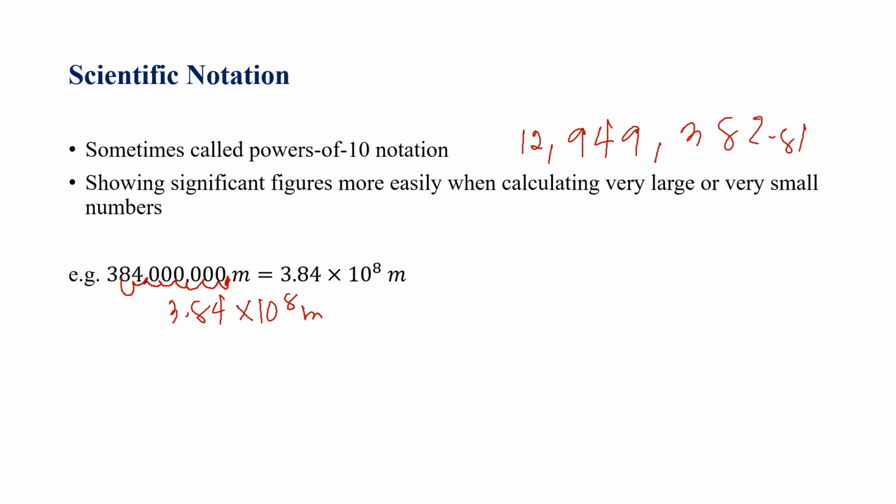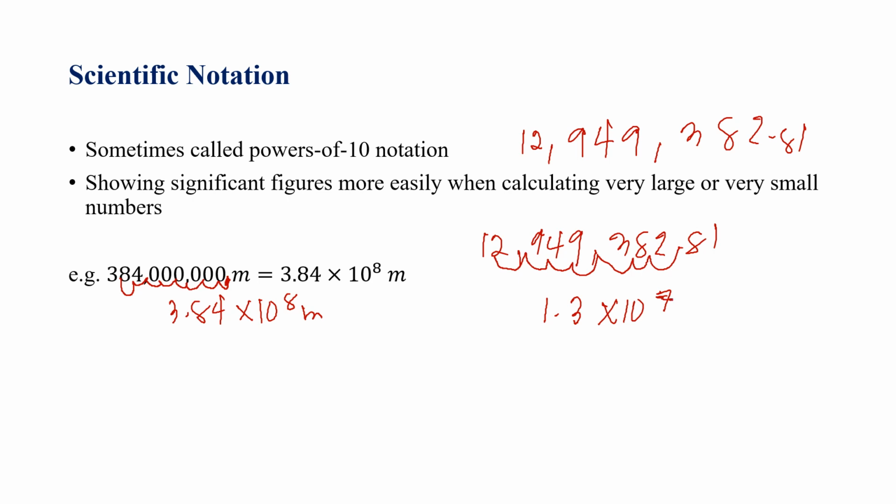Going back to our number here, you have 12,949,382.81, and we only wanted to have two significant figures. So from this side here, we move the decimal place to the left. You have 1, 2, 3, 4, 5, 6, 7. So you can write this now as 1.3 times 10 to the 7.